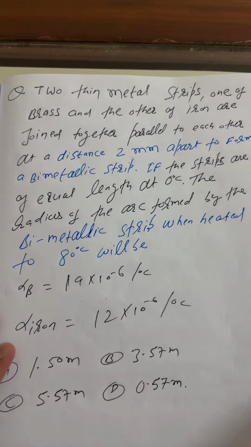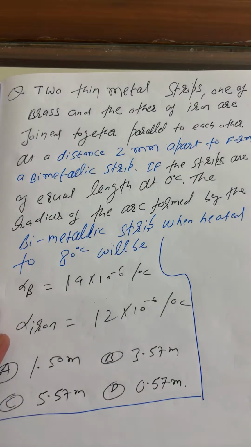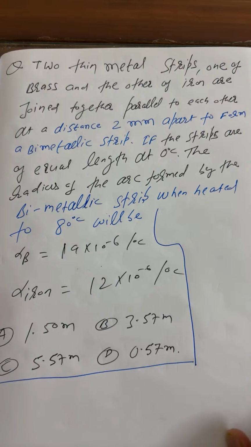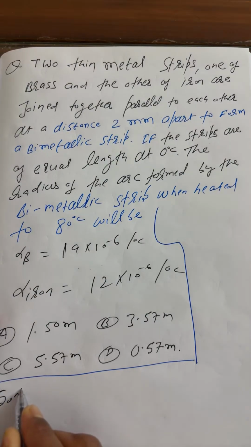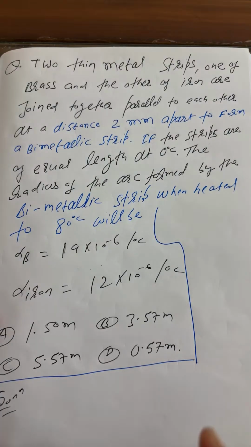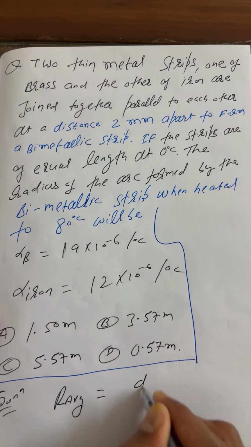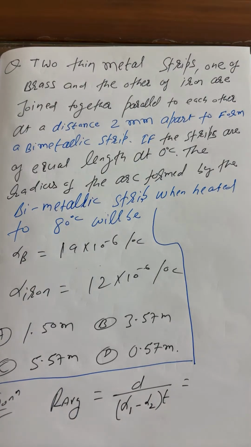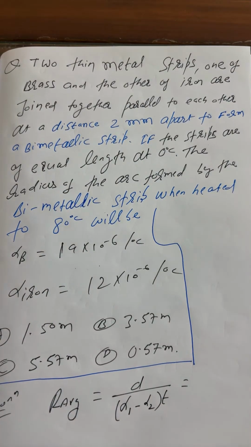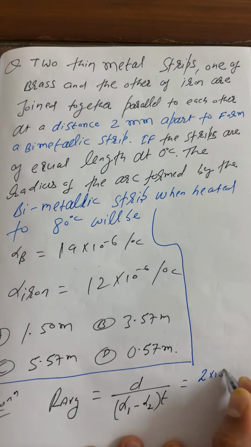So now I'm going to solve this question as per the request of Sagar. Listen carefully. In the solution, the formula for the bimetallic strip radius is R average equals d upon (alpha 1 minus alpha 2) into T. What is d? The distance between the brass and iron strips is 2 mm, so d is 2 into 10 to the power minus 3.